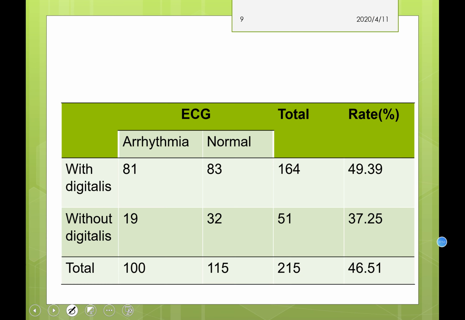Okay, so here this is the contingency table. So we can find the with and without groups. And here is the row total and the total sample size. That proves we are right. Okay, so here we can find that this is the ECG, the results of ECG.